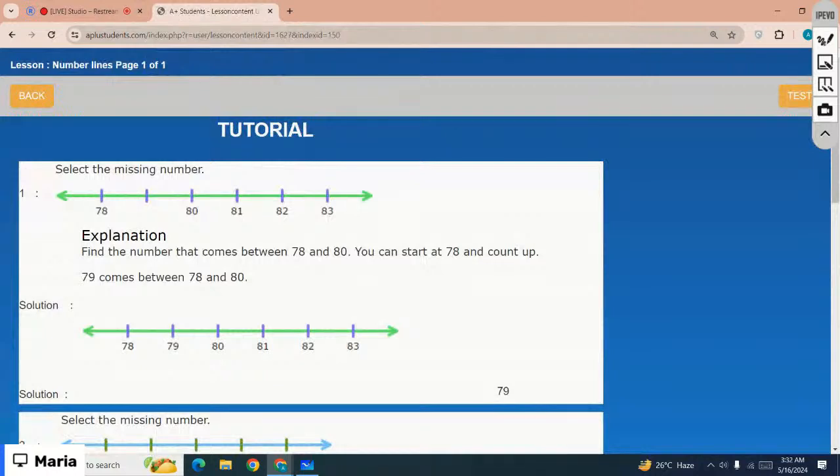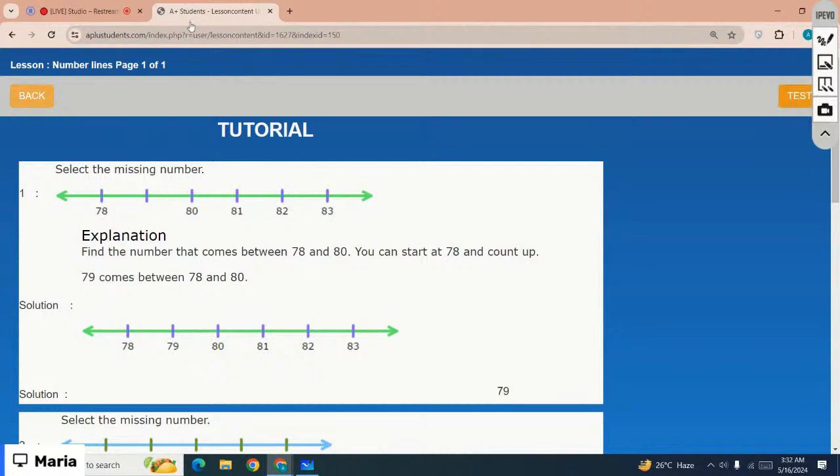So which number is missing? That is 78, the missing number. Then you have 80, 81, 82, and 83. So which number is missing between 78 and 80? 79 it is. Between 78 and 80 you have 79, right?